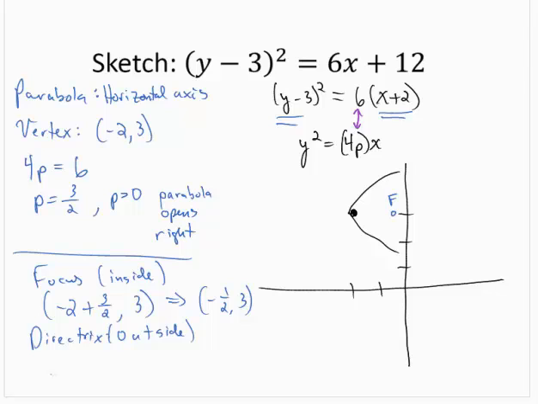And so it would be defined by the equation x equals -2 minus 3/2, which is x equals -7/2. And so there's a very rough sketch of the parabola defined by y minus 3 squared is equal to 6x plus 12.